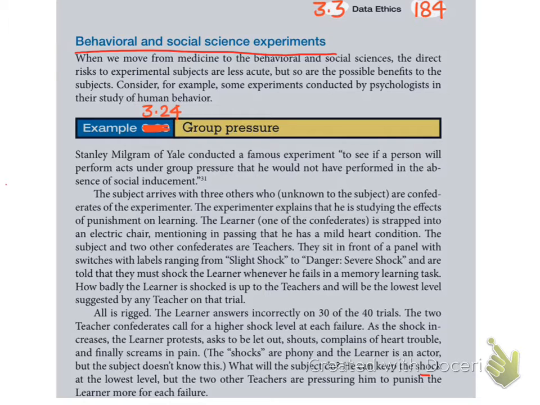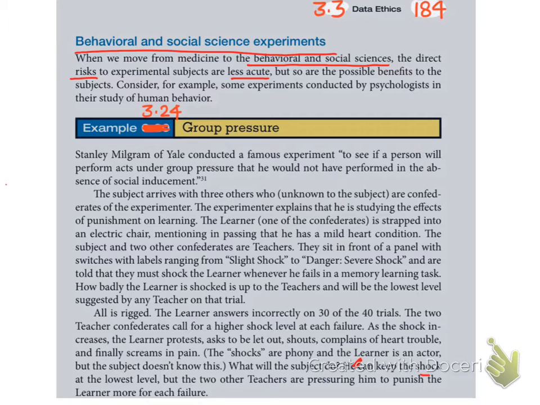But here we're going to discover what happens when we conduct an experiment in the behavioral and social sciences. The risks involved in these kinds of experiments are acute, not that severe, and not that beneficial for future purposes, but there are still some problems involved.